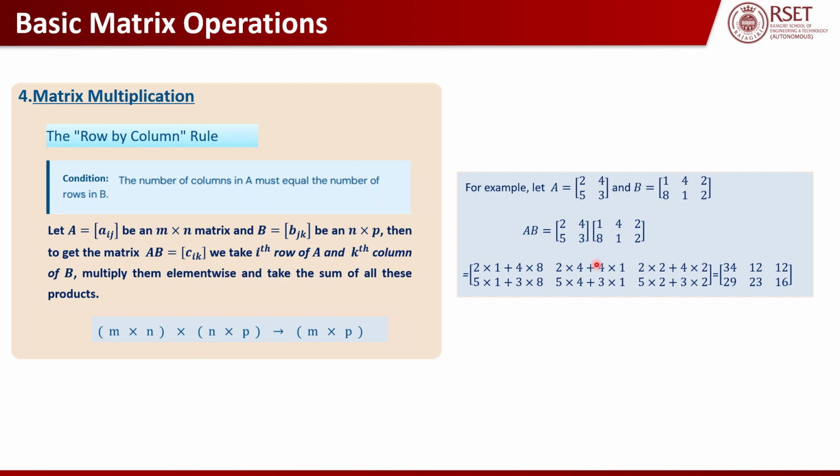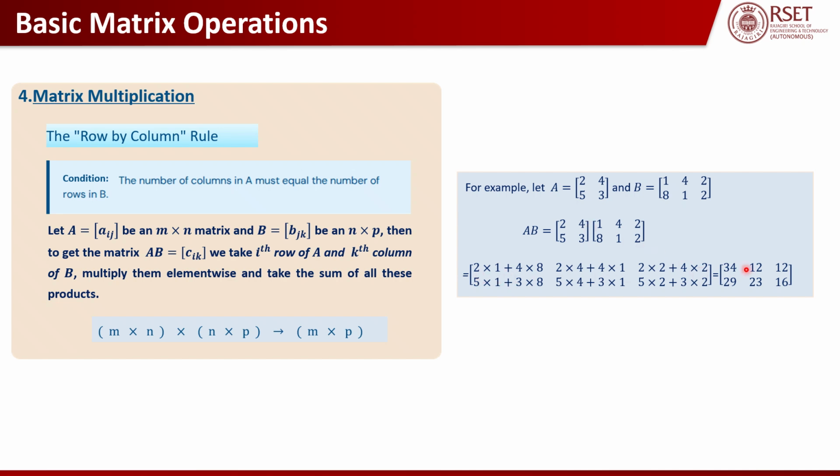And what is the second element? In a similar way, we are multiplying the same row with the second column, that is 2 into 4 plus 4 into 1. And the third element is the first row, 2 and 4, with the third column, that is 2 into 2 plus 4 into 2.